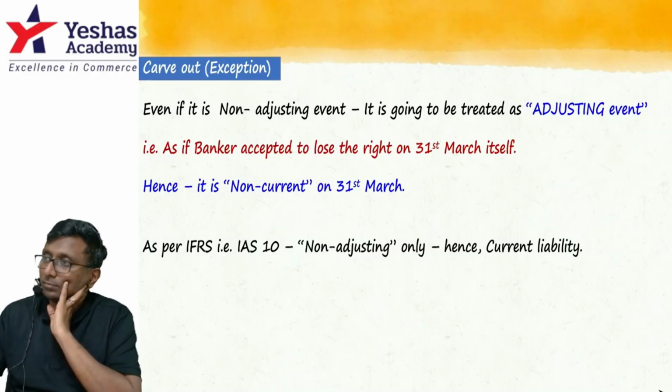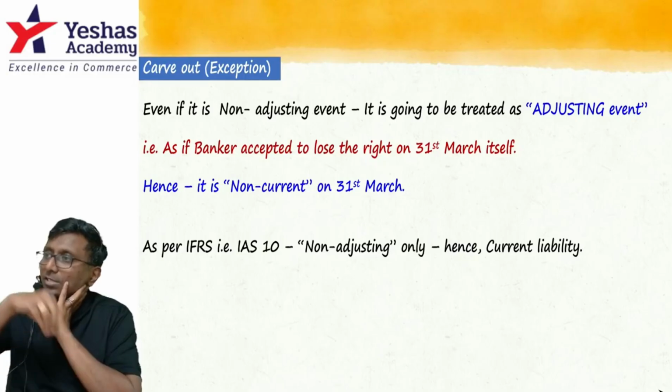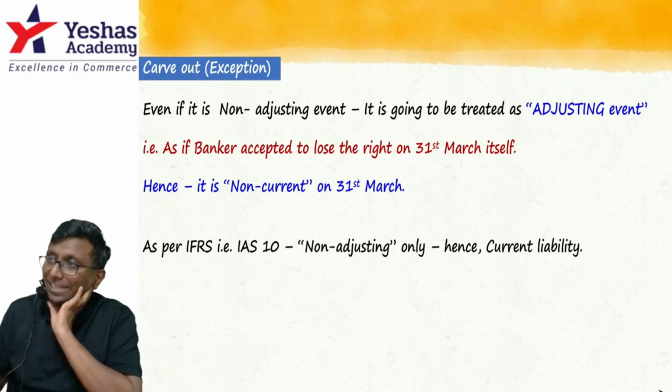The condition does not exist. That is the only point. Actually, the condition does not exist on 31st March. It is the condition that you had to pay as on 31st March. That condition is deleted after 31st March. Not a different condition, the same condition deleted, forgone by the banker. He lost his right.